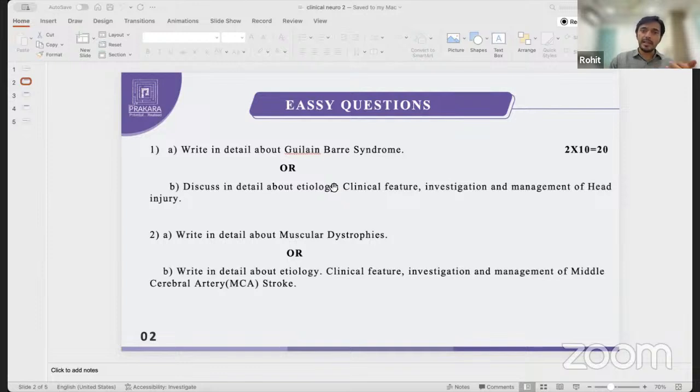For example, protein C, protein S deficiencies, factor V Leiden mutations. So all these factors also can be the underlying mechanism in a patient with stroke.